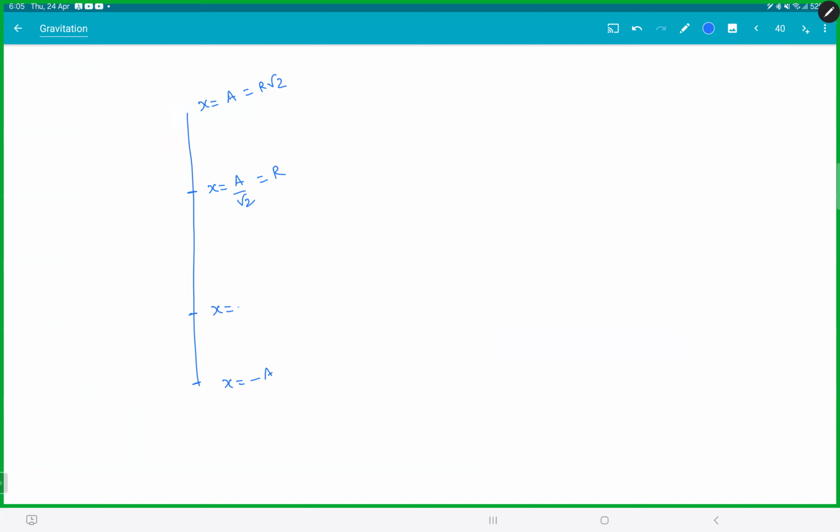This is x is equal to minus a by root 2, which is minus r. And this is the center. Now, I don't care about the planet and all. So the planet was supposed to be somewhere here. You're simply asking me to find the time taken to go from a by root 2 to 0. A by root 2 means sine theta is 45. 45 is T by 8. Therefore, the time taken to go from a to b is T by 4.